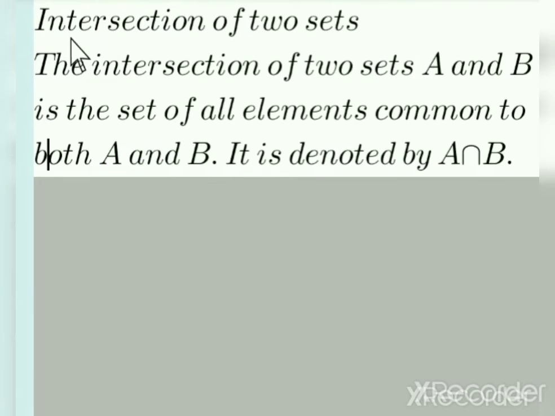Now let us discuss about intersection of two sets. The intersection of two sets A and B is the set of all elements common to both A and B. Okay, and it is denoted by A intersection B, and this symbol is called intersection.